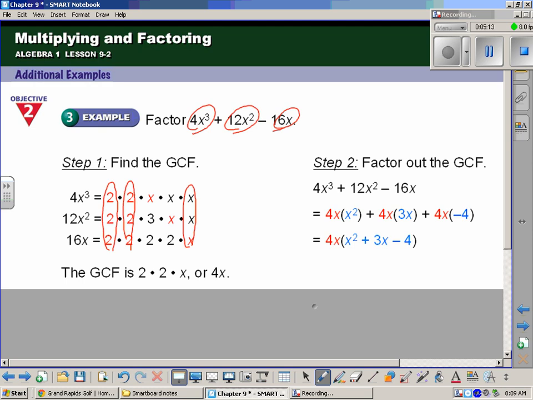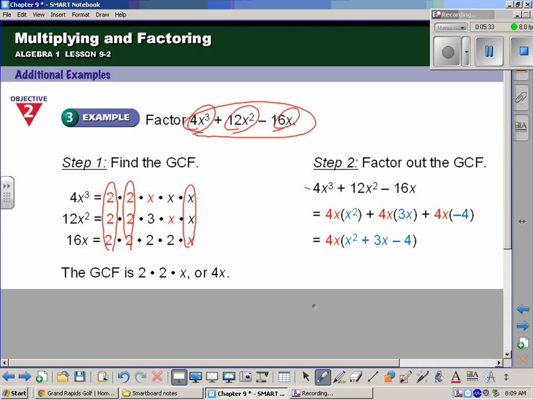Now, this comes in handy when we factor out the GCF from our original expression up here. So we write our expression down right here, and out of every term, we're going to factor out a 4x because we just found out that that was common.